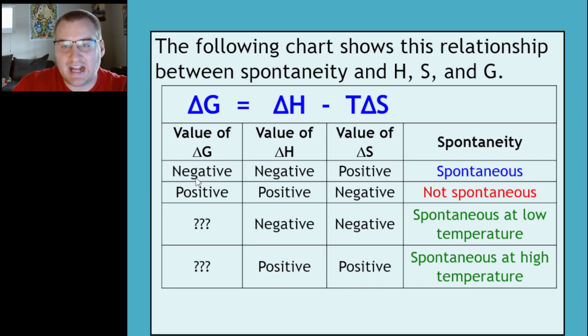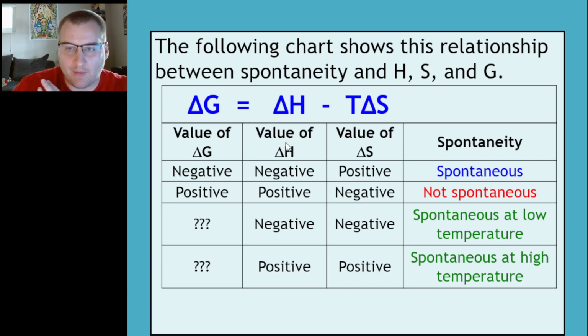So if it's negative, it's a spontaneous reaction. If it's positive, it's not spontaneous. But we don't always know if G is going to be positive or negative without plugging in the numbers first. And because of how these values go and the negative signs, it can get kind of confusing to think about. But the easiest way is just to plug in an example.